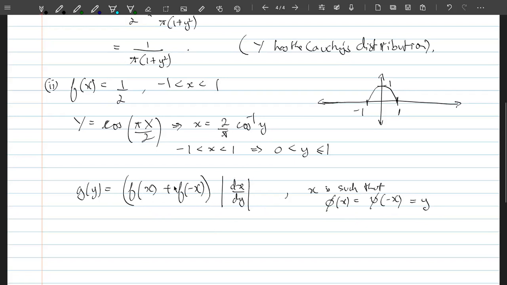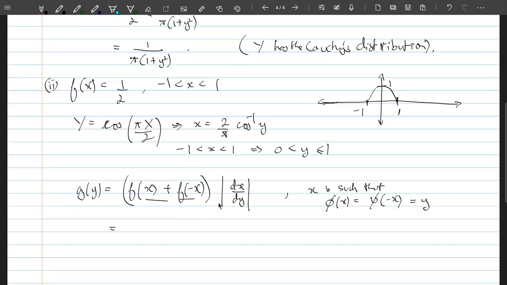The extra minus from here will cancel out. So actually it is f of x times dx by dy minus dx by dy times f of minus x. So this is what you will get.